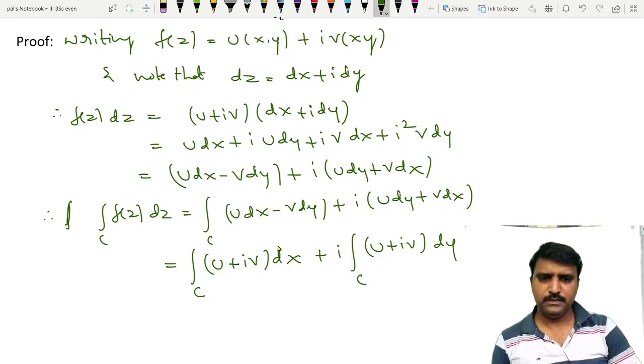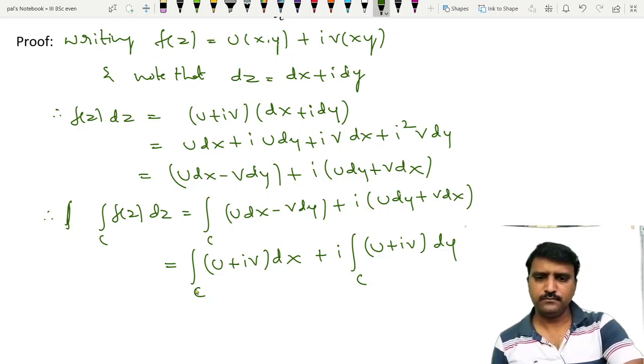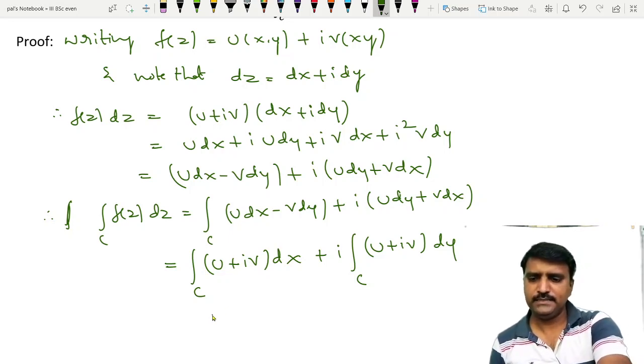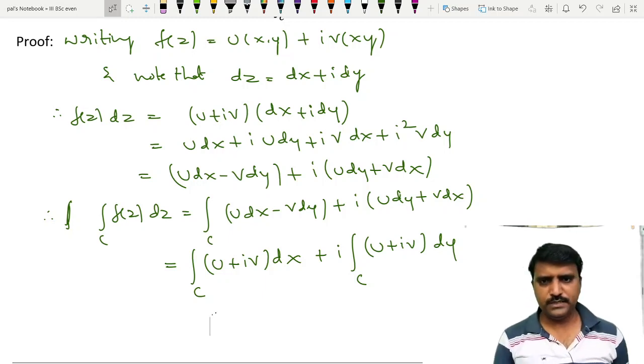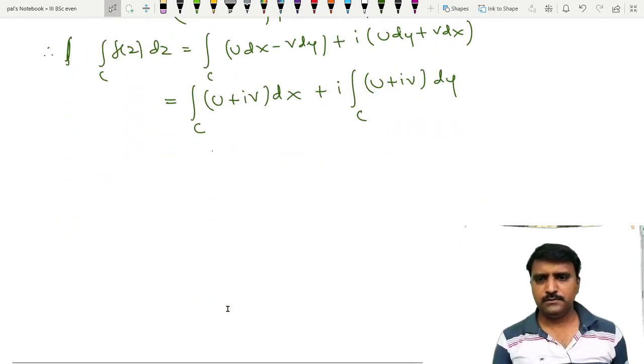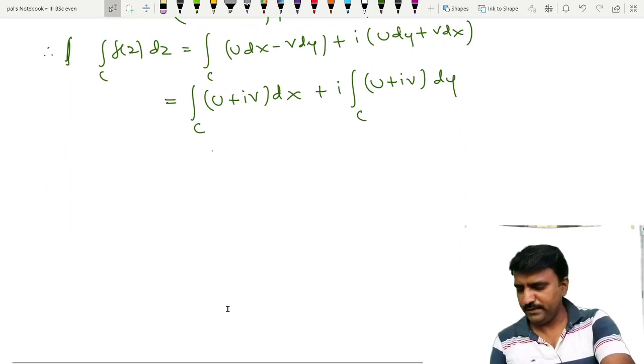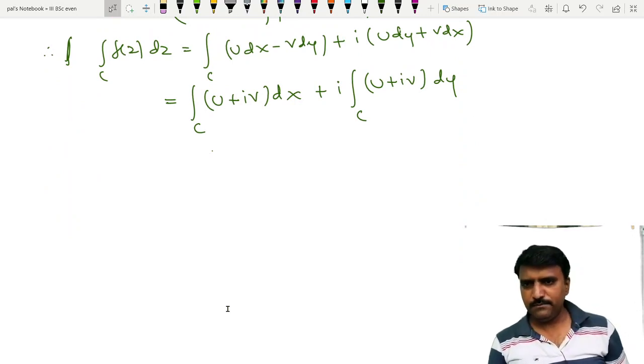Okay, so then, next step, here you use Green's theorem. So I'm using Green's theorem here.